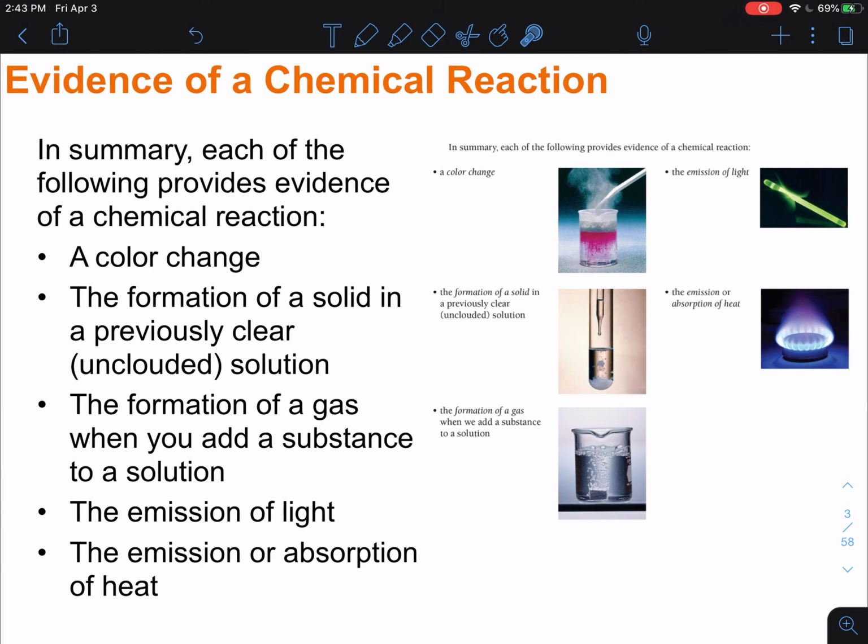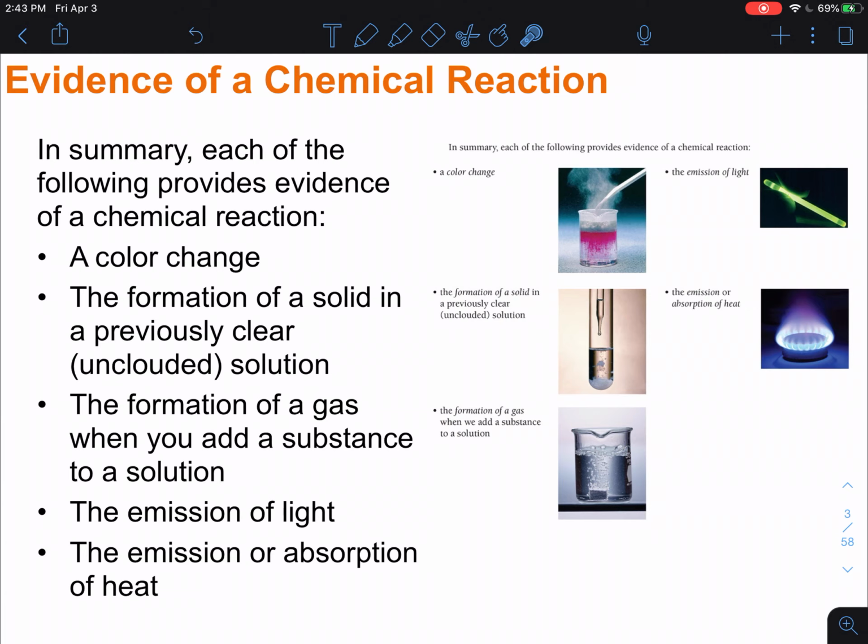All right. Formation of a solid is an indicator of a chemical reaction, and I have here a picture of it. A lot of times, in lab you would normally do this, but since you don't have lab, you're not going to see it. Whenever you mix two things that are in solution, and then you end up having a solid, we call it crashing out. That's a precipitate. That's what that solid is called, a precipitate.